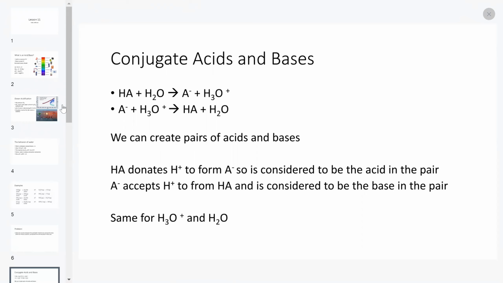So the reason why I had you consider the reverse reaction is because I want to introduce the idea of conjugate acid-base pairs. So take a look at these two reactions. What I want you to notice is that one of the reactions is simply the reverse of the other. So I just flip the reaction around. And we can create these pairs.